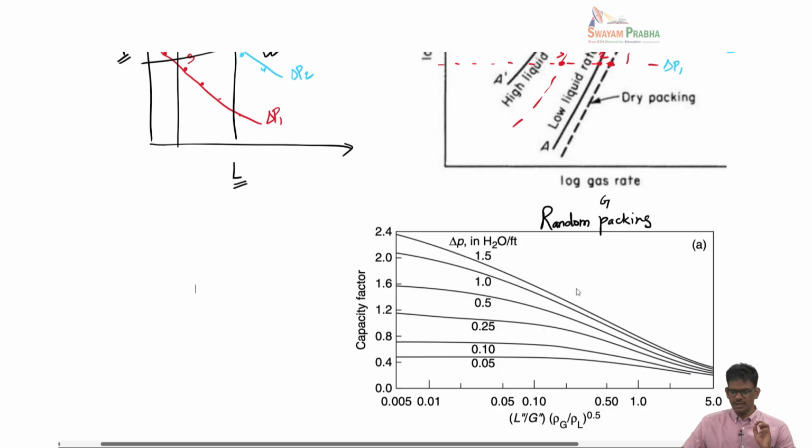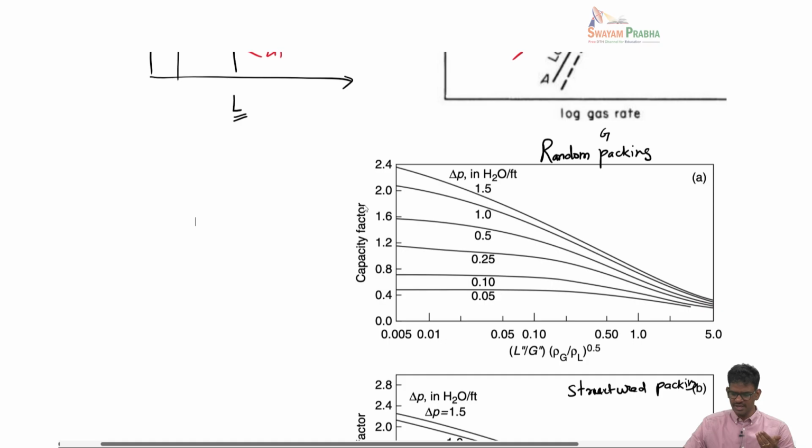And if you look at these curves, each of these curves corresponds to different pressure drop, and the pressure drops are given in slightly different units. It's given in English units. Okay. And subsequently I'm going to discuss how to define capacity factor and the corresponding unit systems for each of these given pressure drops.